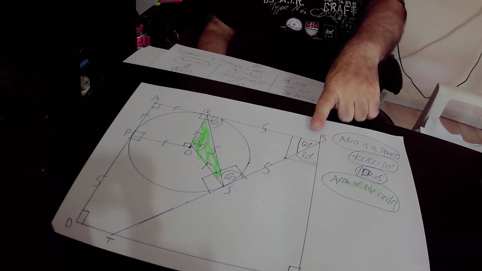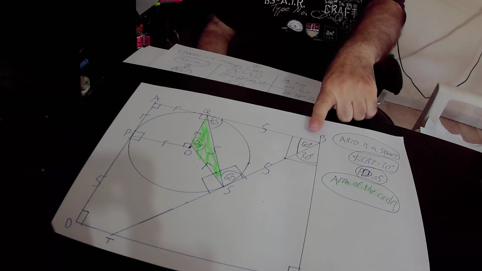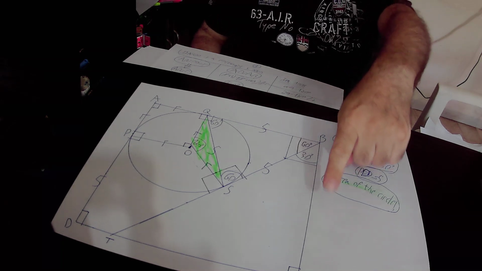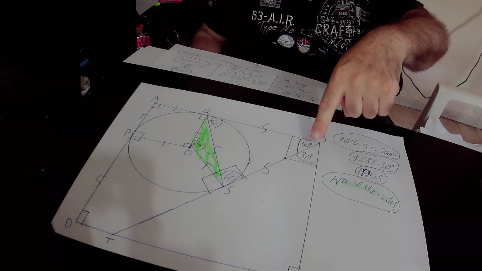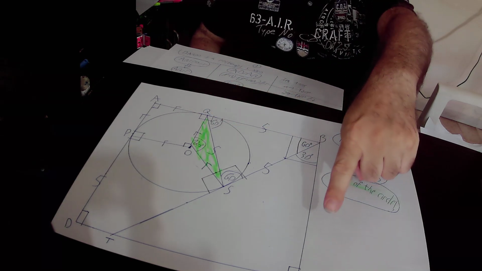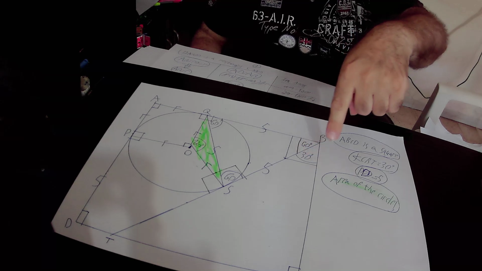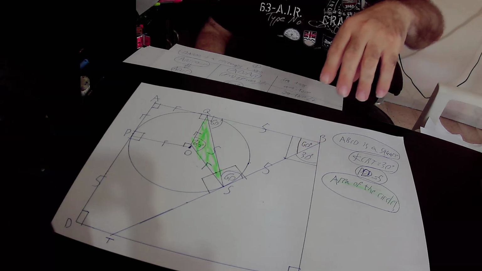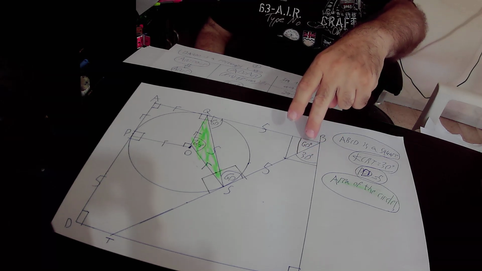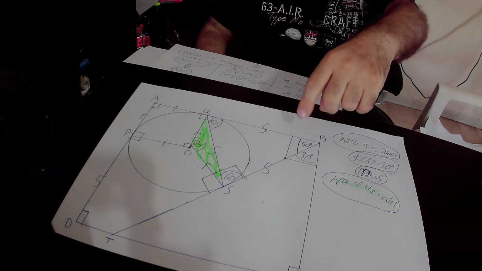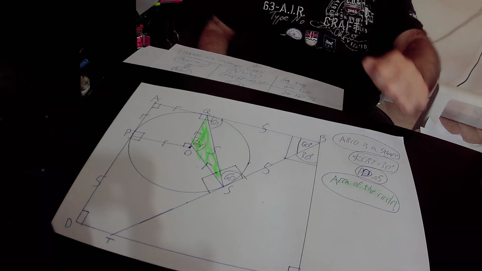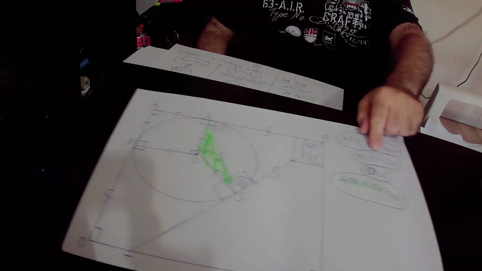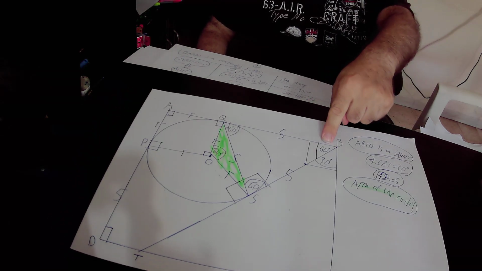What is the size of this angle? The size of this angle equals angle ABC, that is the right angle, minus angle CBT, that is equal to 30 degrees. That is to say, the missing angle here equals 90 degrees minus 30 degrees, that is 60 degrees. Okay, so in triangle QBS, this angle equals 60 degrees.